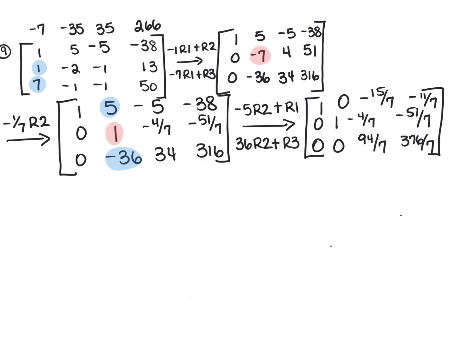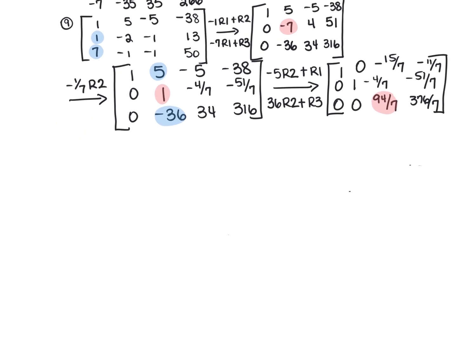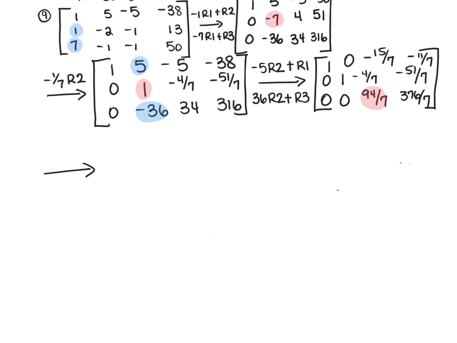So now I'm looking at changing this into a 1. In order to do that, I'm going to multiply by the reciprocal. So I multiply 7 over 94 times row 3. Row 1 and row 2 remain unchanged.